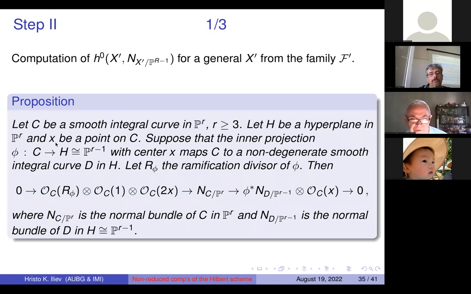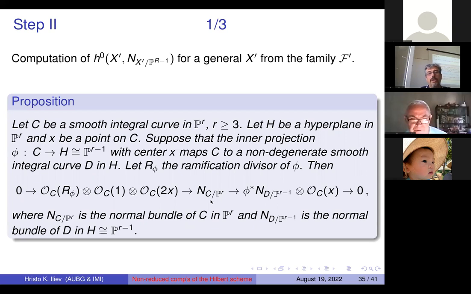The proposition says the following. If C is a smooth integral curve in P^R, where R is at least 3 and H is a hyperplane in P^R, and if we fix a point X on the curve and consider inner projection of the curve C to the hyperplane H with center X, and if the image is a non-degenerate smooth curve in P^(R-1), then we have this exact sequence.